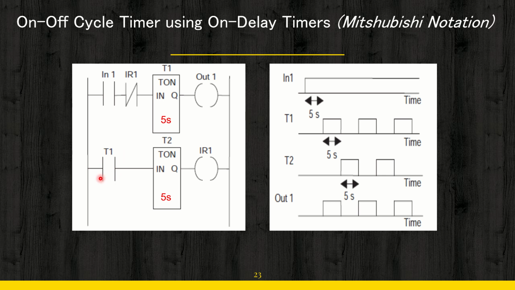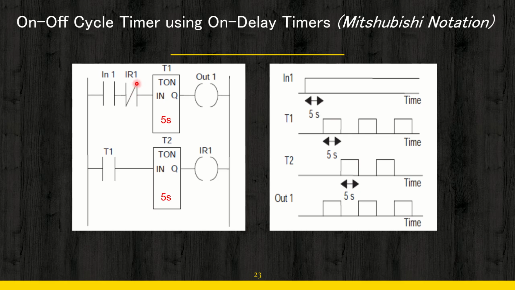When this T1 contact is closed, this timer will start counting. Once this timer starts counting, after 5 seconds, this IR1 will be activated. When IR1 is activated, then this IR1 NC contact will become NO.